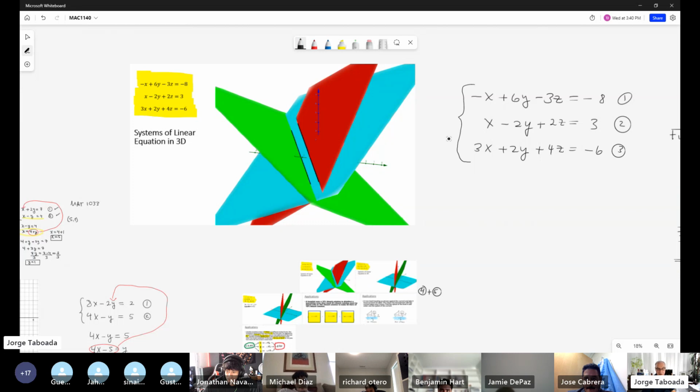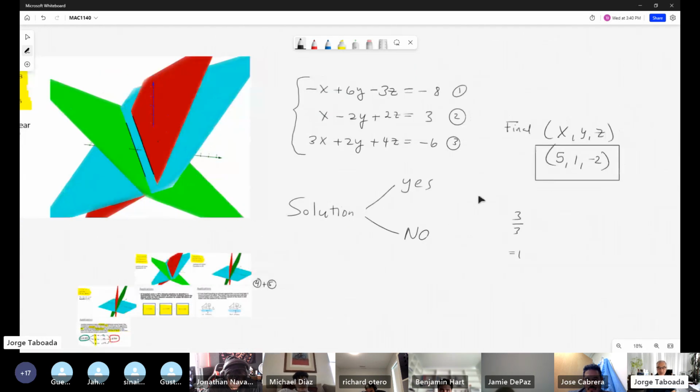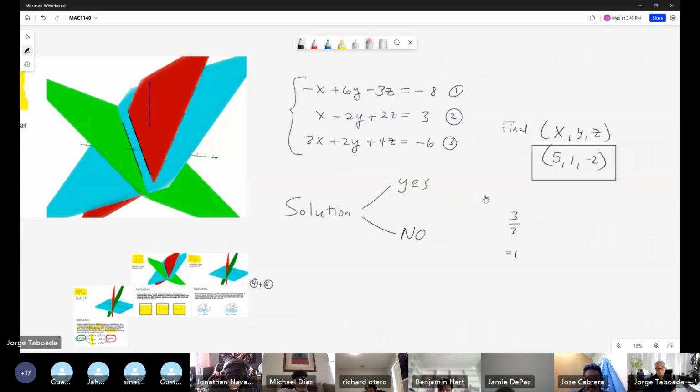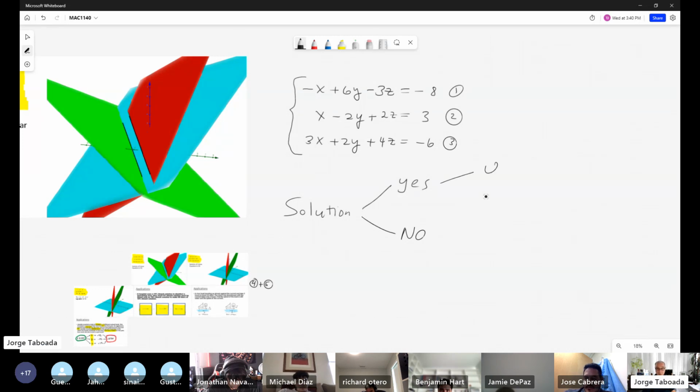Okay, okay. The first question that you need to ask yourself is: solution, yes or no? If the answer is yes, we have two possibilities: unique or infinitely many solutions. The other possibility is no solution.